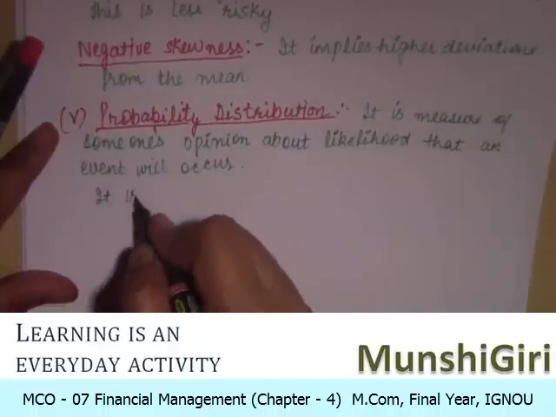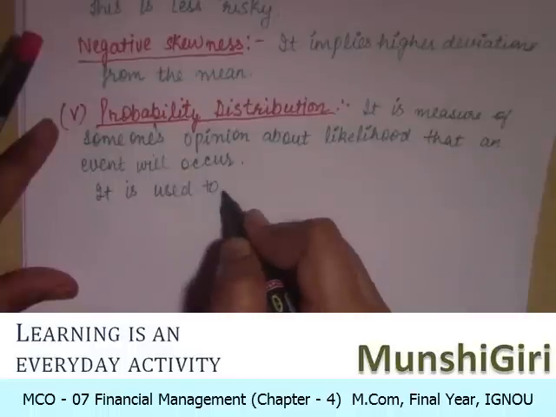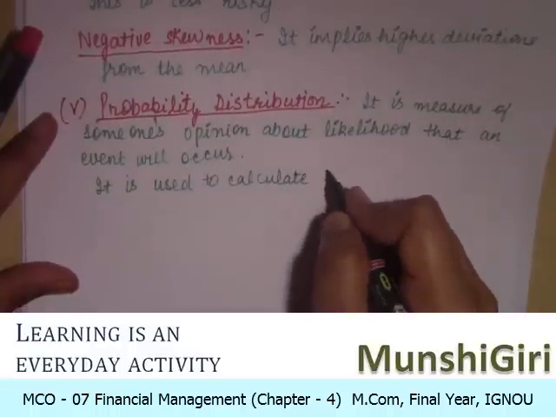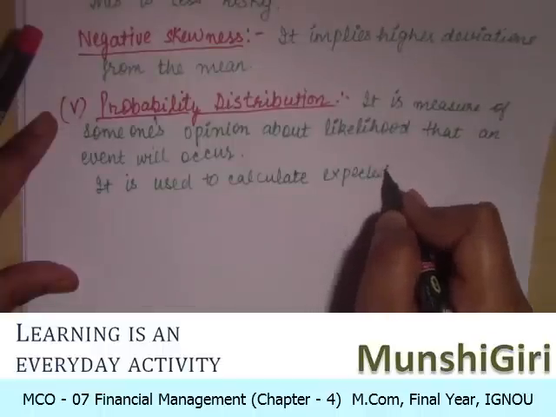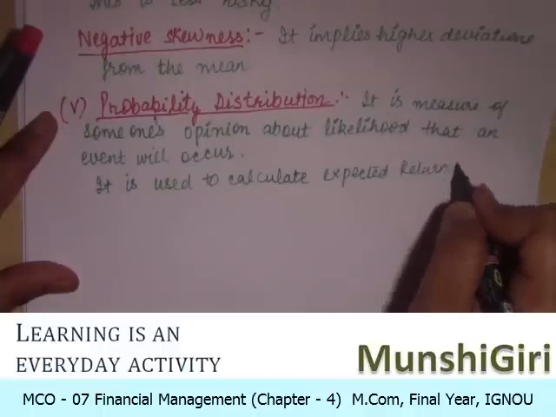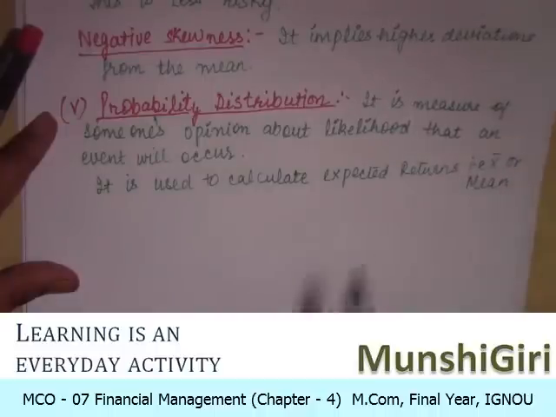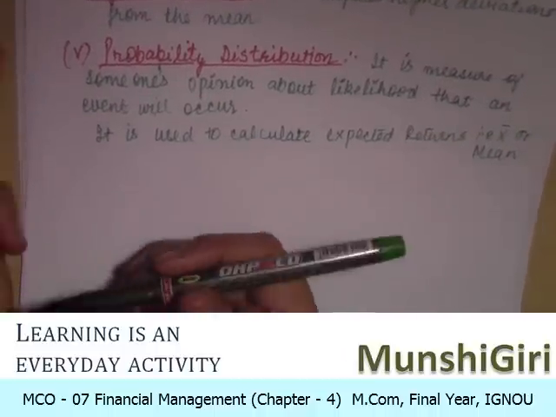It is used to calculate expected returns, that is X bar or mean, which we have already calculated. Still we'll do an example on this.